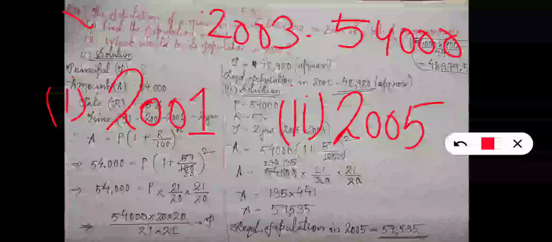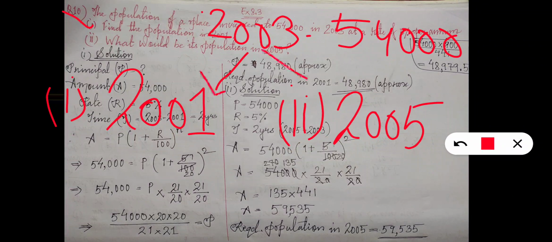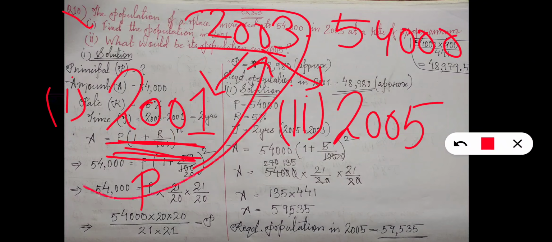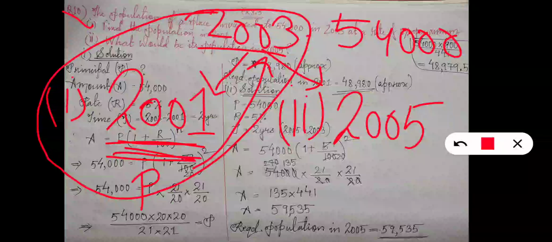So in that time period, you have to understand the difference. Like if you compare 2003 and 2001, for these two, you have to invest some principal in 2001, then you will get some amount in 2003, isn't it? So for the first case, this is the amount.